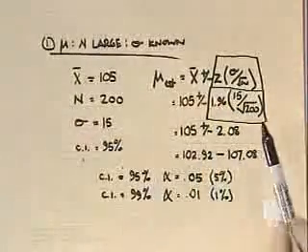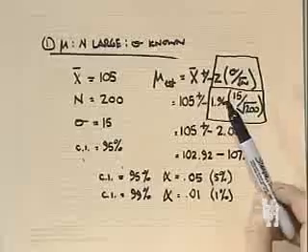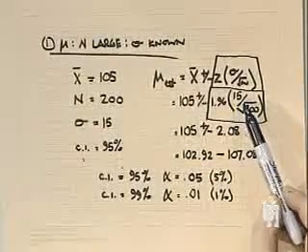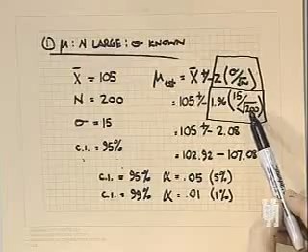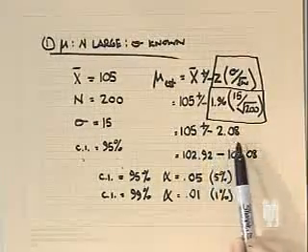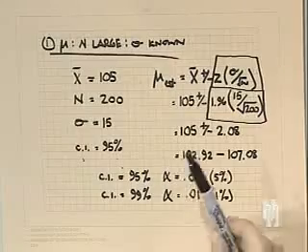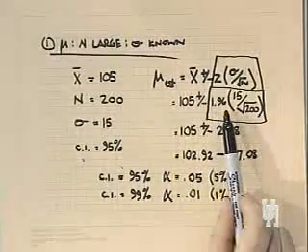So all other things being equal, if sigma remains unchanged, and if n remains unchanged, what determines the width of this range of scores is the confidence level.